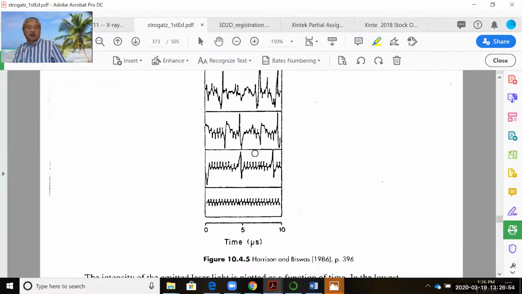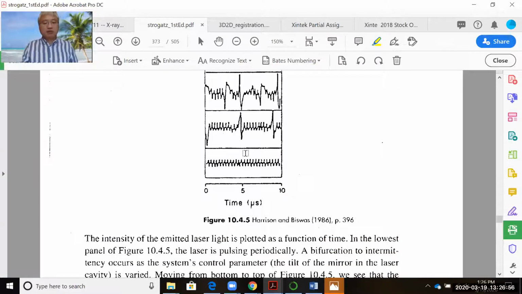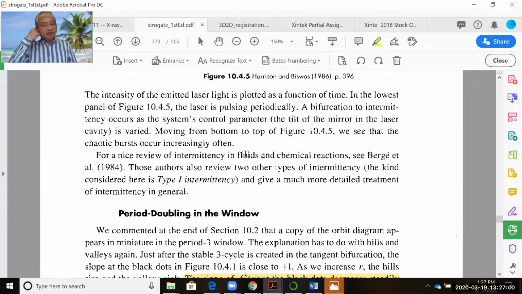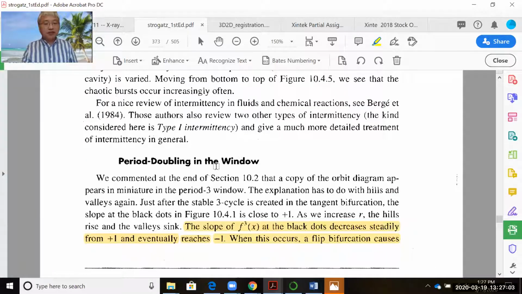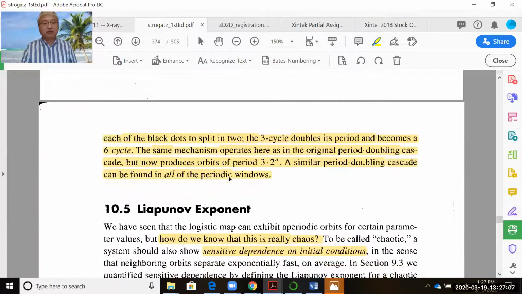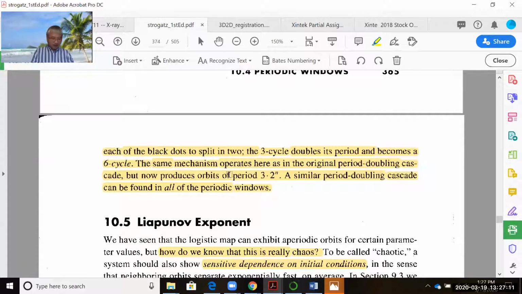So this is observed in a number of experimental systems. And of course, inside that window, again, you have this period doubling behavior. Okay, so that is about the window of order inside the chaos.